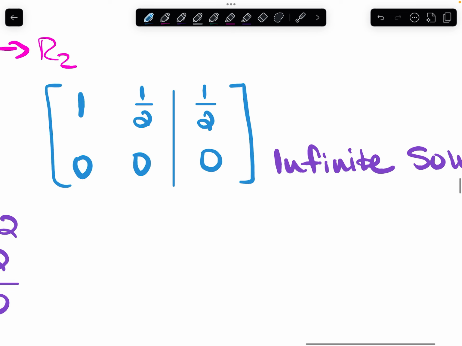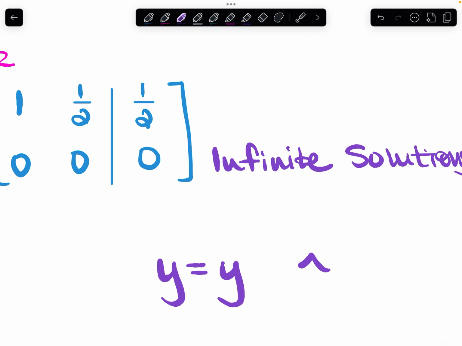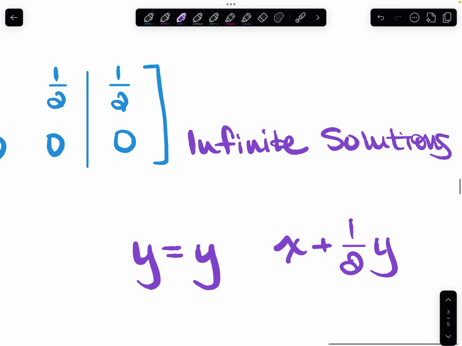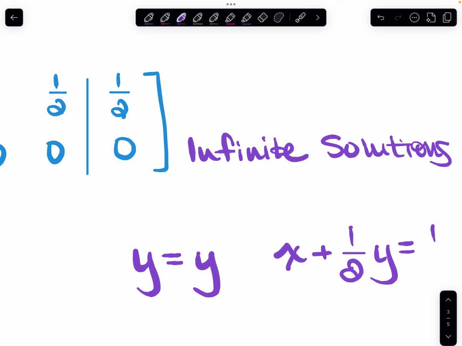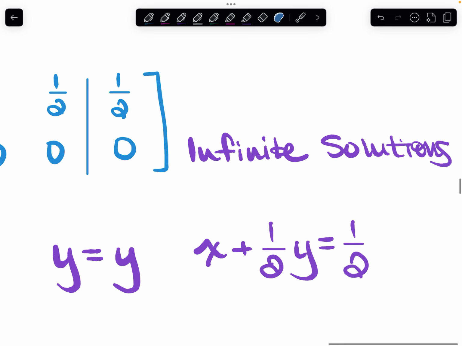Okay, so bottom row, here's your work. We're going to start with y is just y itself. So we're going to go to our top row, which is 1x plus 1/2 y equals 1/2. And what we want to do with this top row is, because y is going to be y, we're going to solve that second equation on the right.